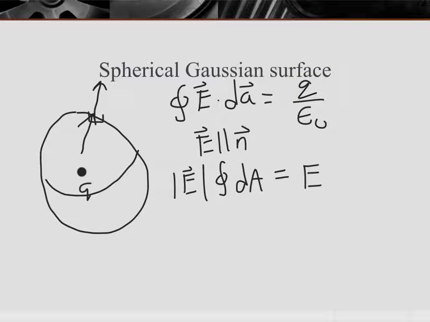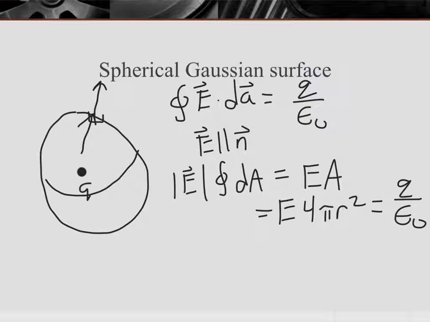So this equals E times the area, which equals E times 4 pi times the radius squared. Well, then this equals Q over epsilon sub 0.